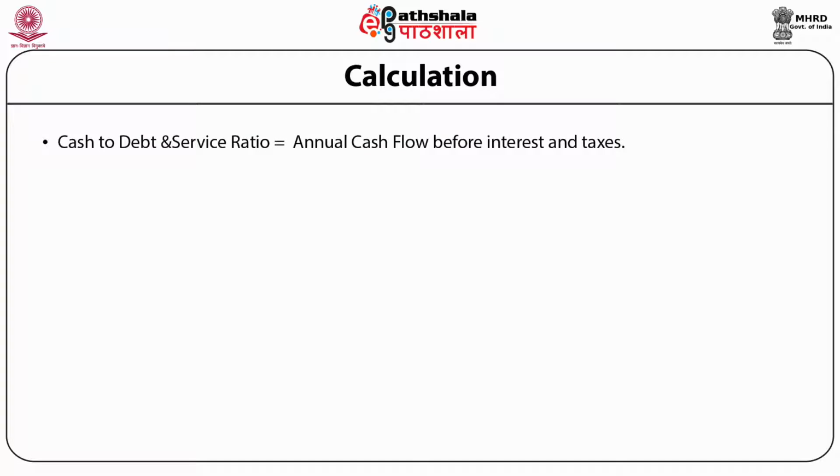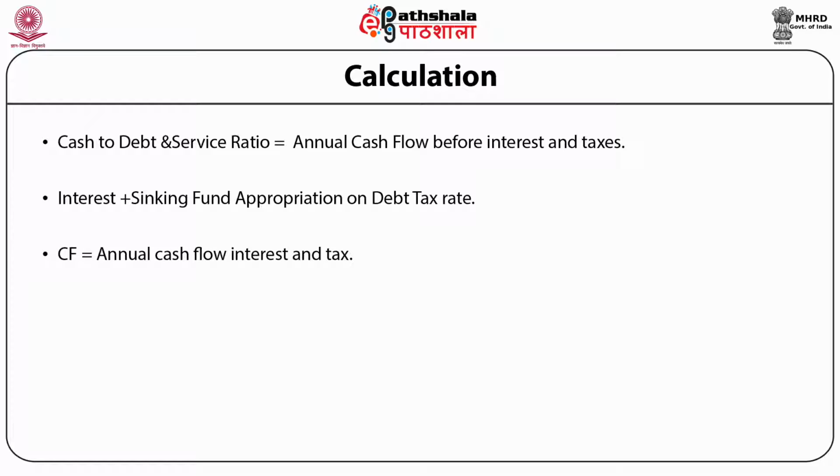Cash to debt service ratio is calculated as follows. It includes annual cash flow before interest and taxes, divided by interest plus sinking fund appropriation on debt divided by one minus the tax rate.